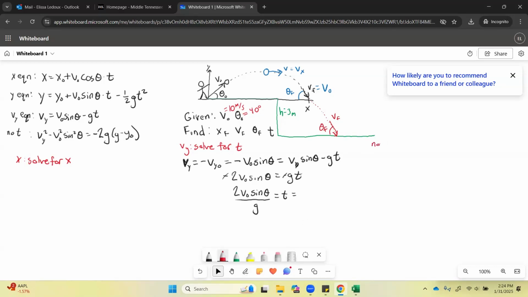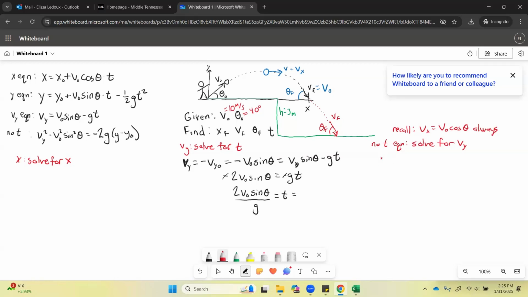Use the no t equation. Solve for Vy. And we recall Vx equals V initial cos theta always. So we'll solve for Vy, we know Vx, and then using the Pythagorean theorem, we can find the magnitude.